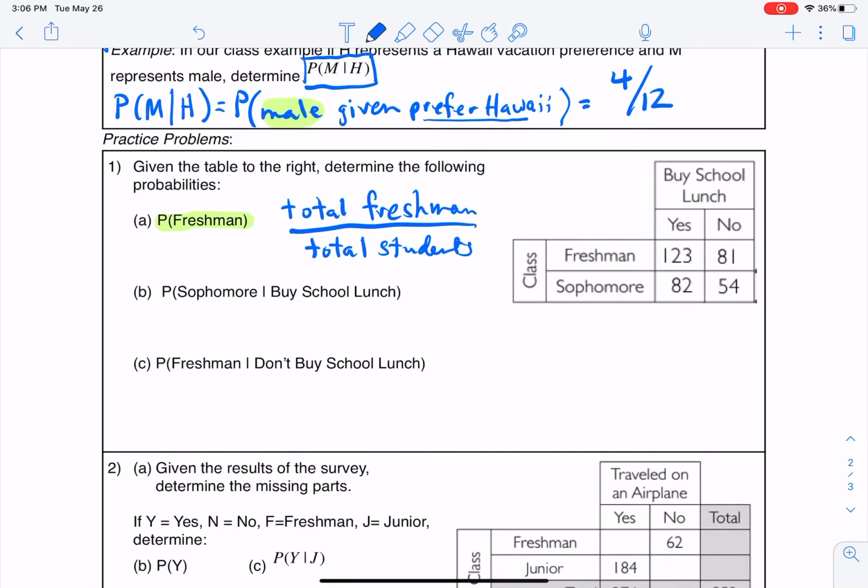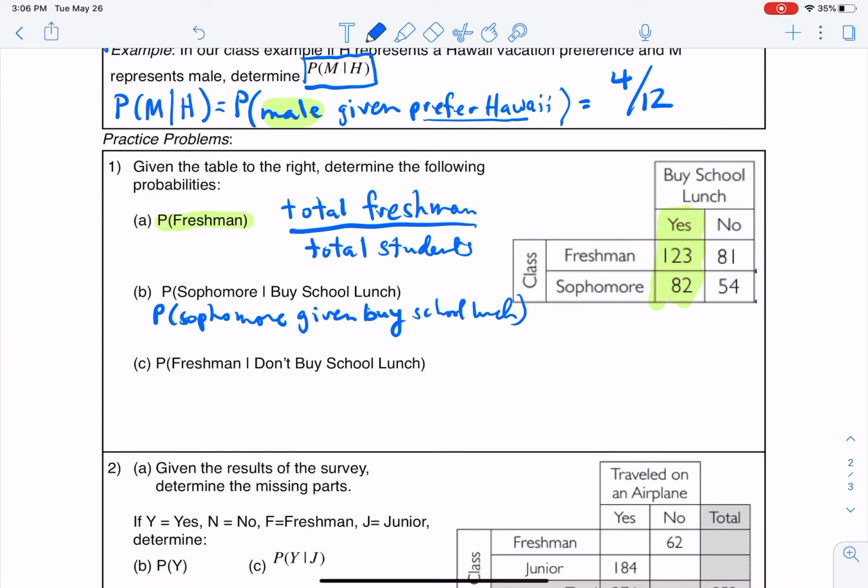Okay, for part B, this is really saying the probability that you're a sophomore given you buy school lunch. So what part of the table am I interested in? Well, I'm only interested in the part of the table that involves the students that buy school lunch.